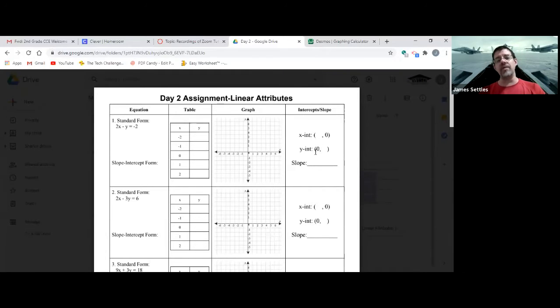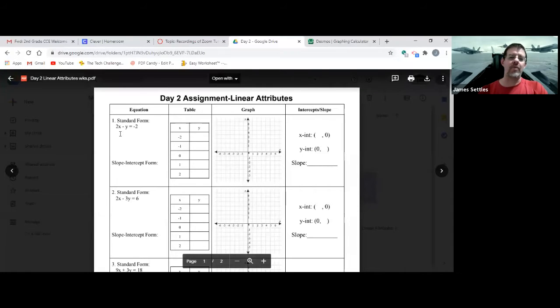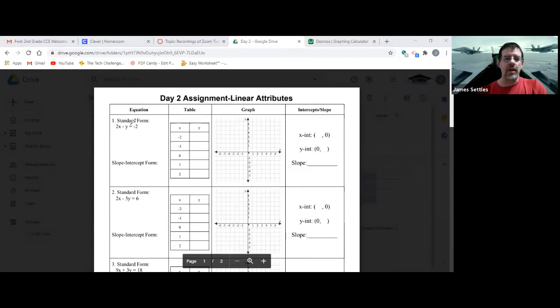But to begin with, I can't use the Desmos calculator until I have Y by itself. So the first thing we're going to do today is get Y by itself. So you will need to write down the equations and get Y by itself. Every time that we need to get Y by itself, we always do the same two steps, and you can do what I'm about to do on the next two questions.